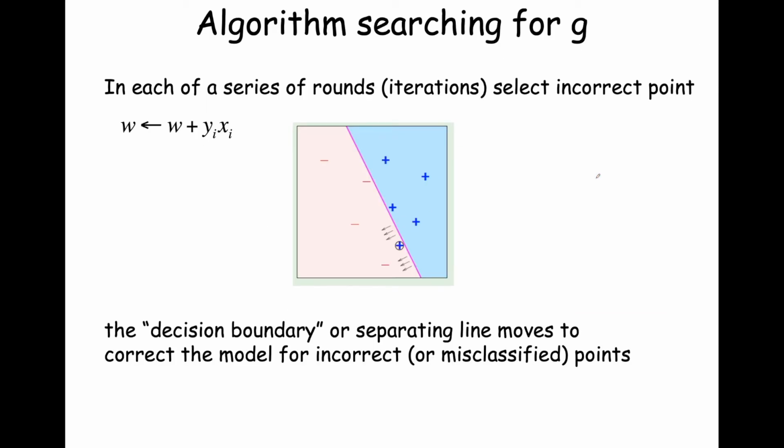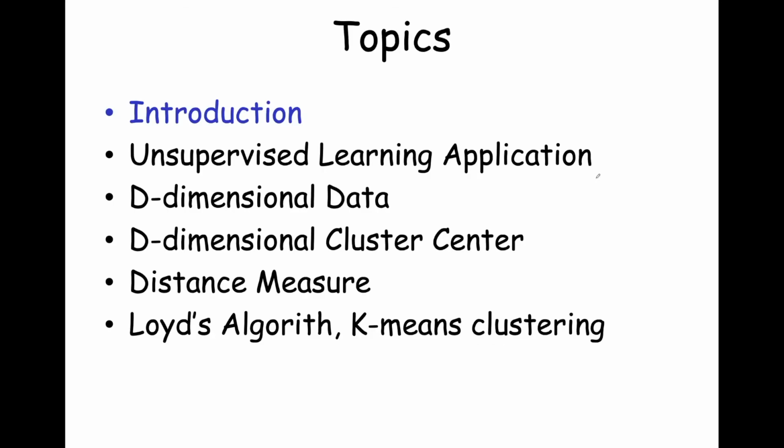We then, in a series of iterations, select misclassified input points and apply the so-called PLA update. w gets w plus y_i x_i, which has the effect of moving the decision boundary, i.e. selecting a new hypothesis for consideration based on an error measure.